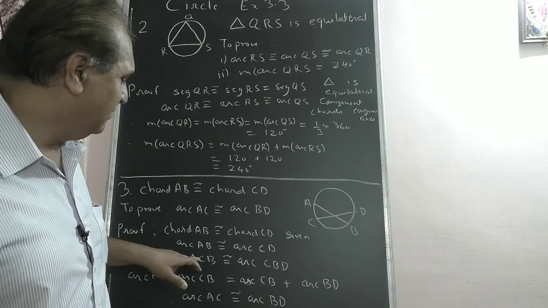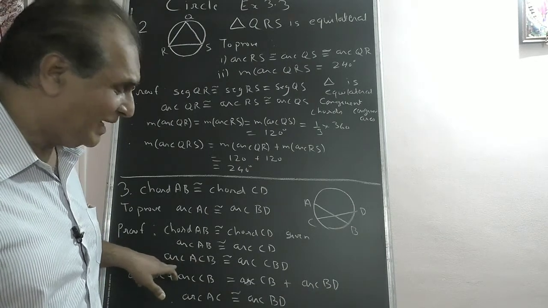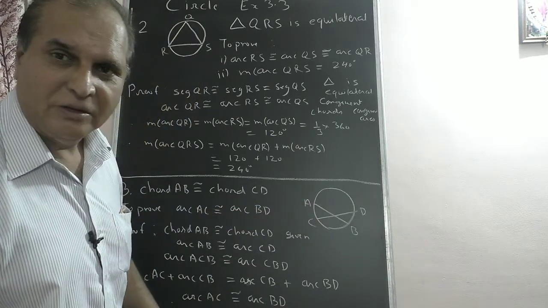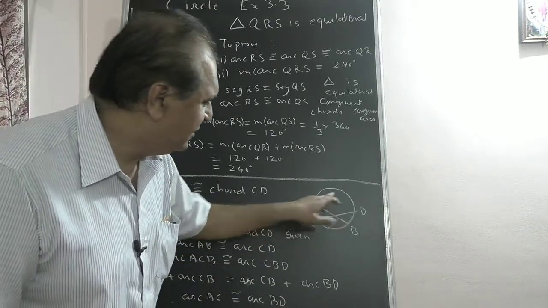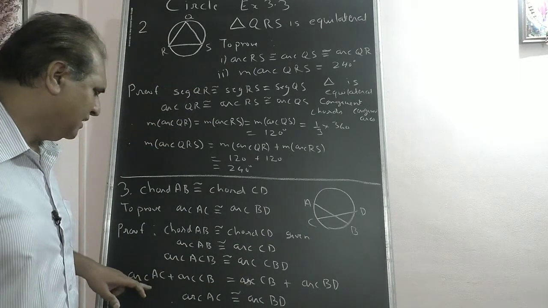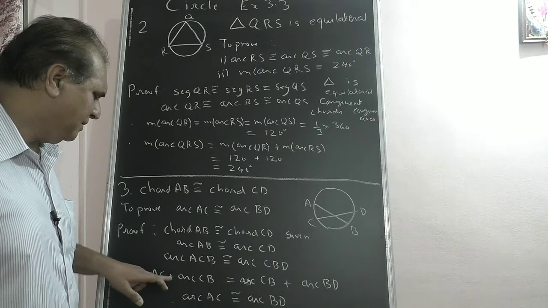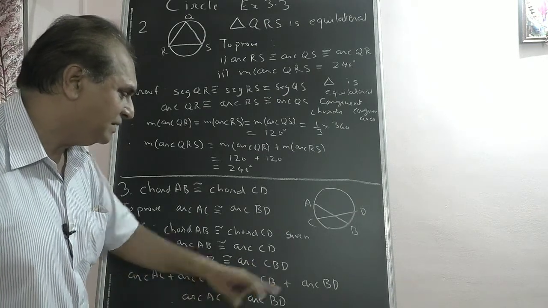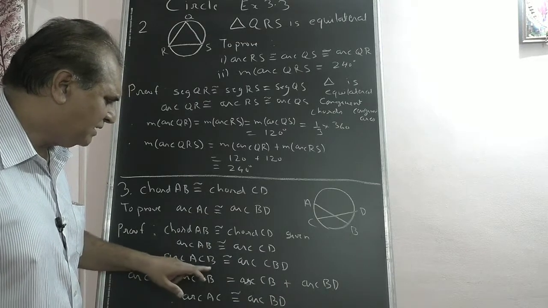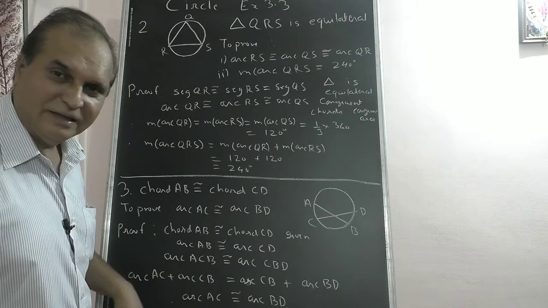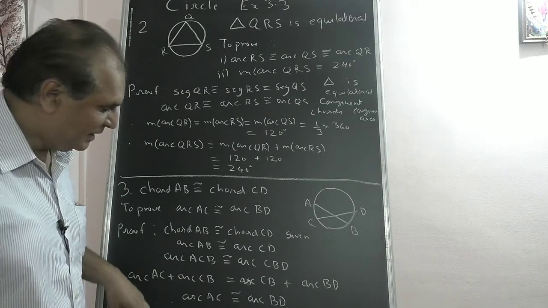Now arc AB we can write as arc ACB, taking the middle point C, and CD you can take as CBD. Arc ACB we can break as arc AC plus arc CB. Arc CBD is also arc CB plus arc BD. Now arc CB cancels, the same common part, right?